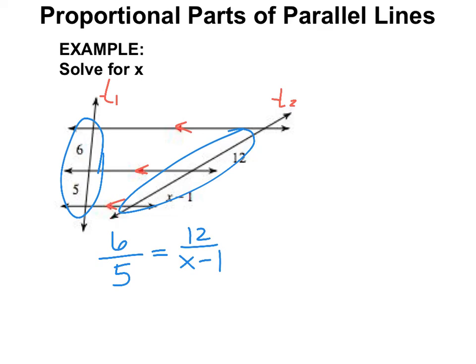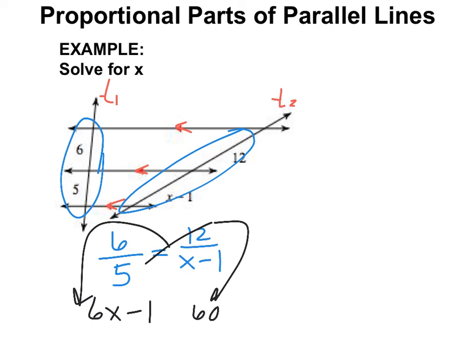Then we can use our cross multiplication to solve problems, remembering that we have to distribute when we do that cross multiplication. I'm running out of room, so I'm just going to move up here. So I have 6 times x minus 1 is equal to 60.